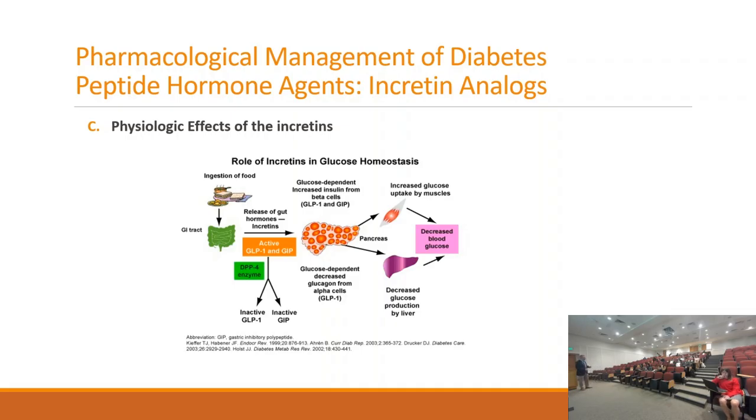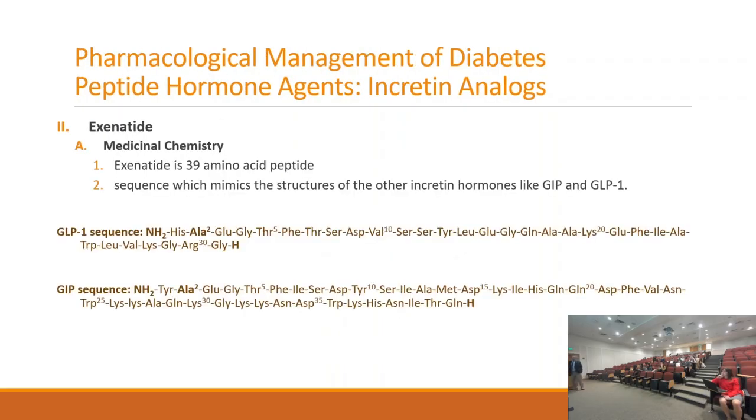Fortunately, we knew a lot about the structure-activity relationships of the incretin hormones and understood what amino acids were really important for the interaction between GLP-1 and GIP and DPP-4. And so using recombinant DNA technology, we were able to swap out some of those amino acids and make those drugs very resistant to degradation by DPP-4. We'll talk more about that in a minute.